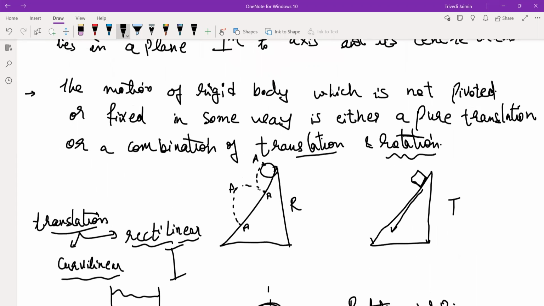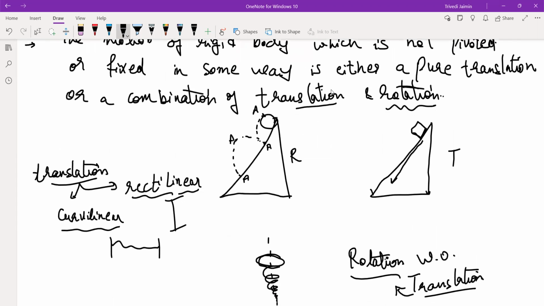Okay, so let's continue. I'll erase all this. I didn't finish this point actually. Okay, then I'll make a new point.